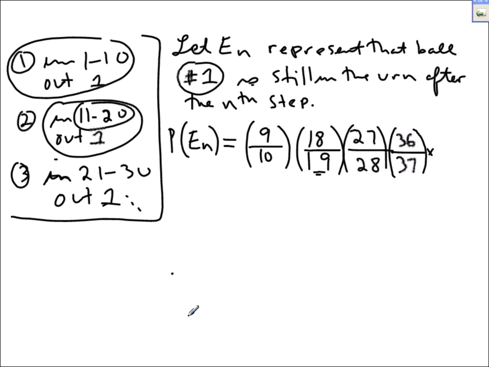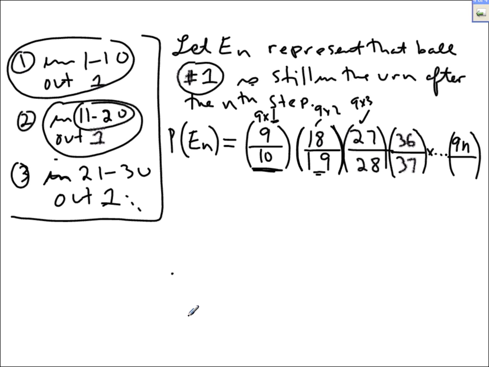Now, where does this end? Well, it ends after the nth trial, the nth step. Well, look at this. There's a counter up here. 9 times 1. Look, this is the first step. 18 is 9 times 2. 18 over 19 was the second step. 27 is 9 times 3, the third step.